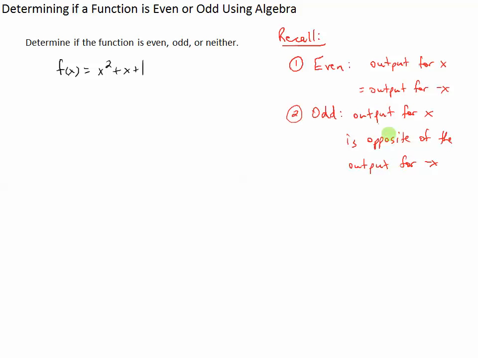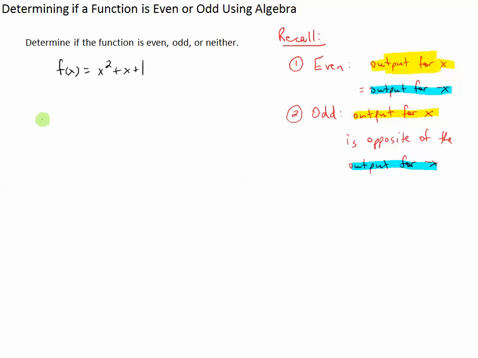Okay, so we're going to compare. We need to find the output for x, and we need to find the output for negative x in each case. Here, let me use a different color there. So the output for negative x and the output for x are key to both of these. So we'll do that to determine whether it's even, odd, or neither.